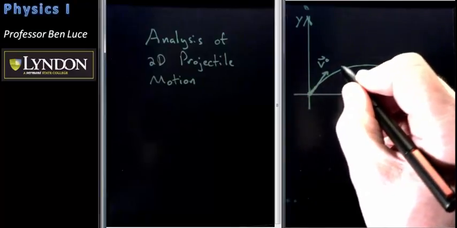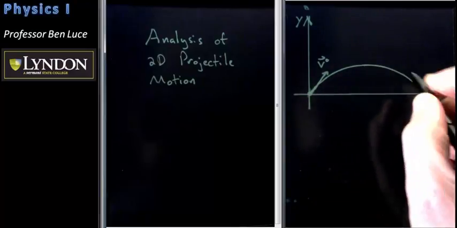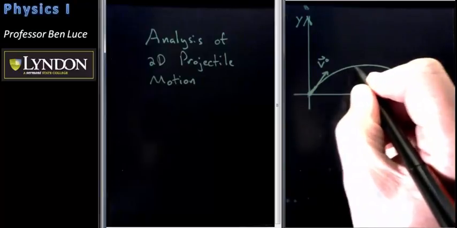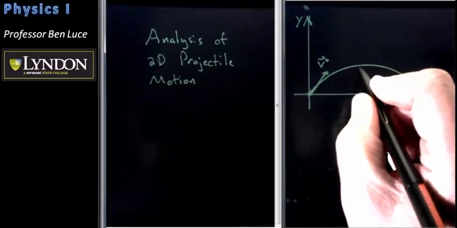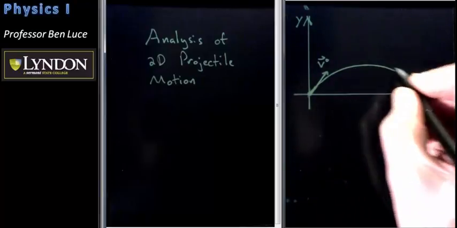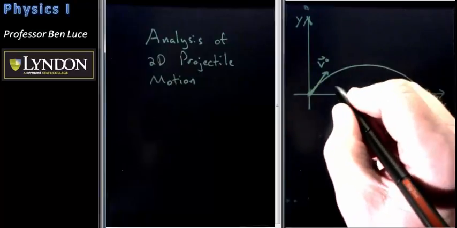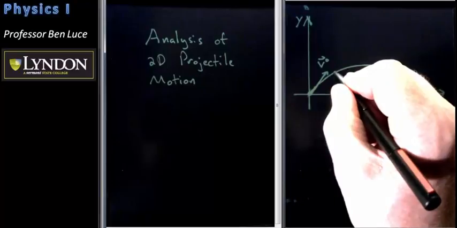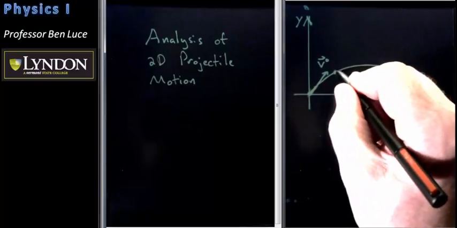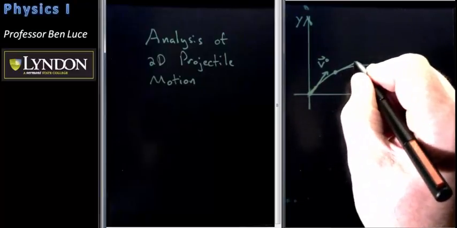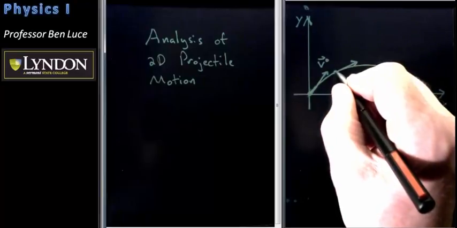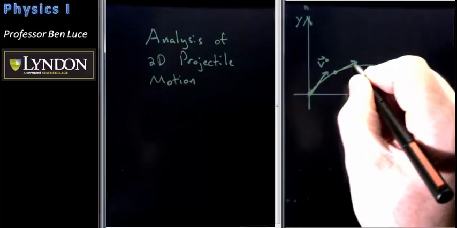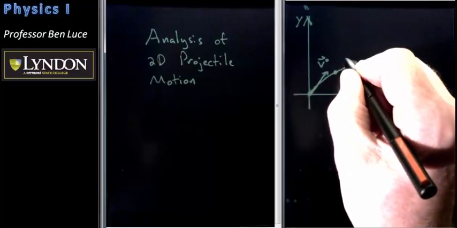As the projectile moves through the air, it will have an instantaneous velocity at each point, and that instantaneous velocity will change as it travels. And it will always be the case that the instantaneous velocity is tangent to the path at each point. So for example, when the projectile is here, it will have an instantaneous velocity that looks something like this.